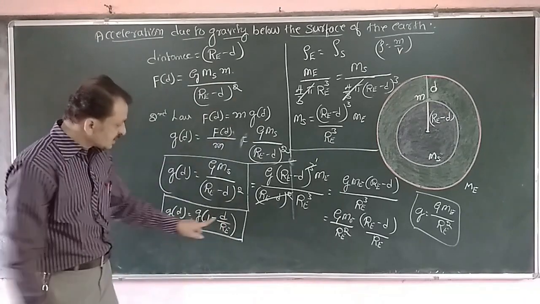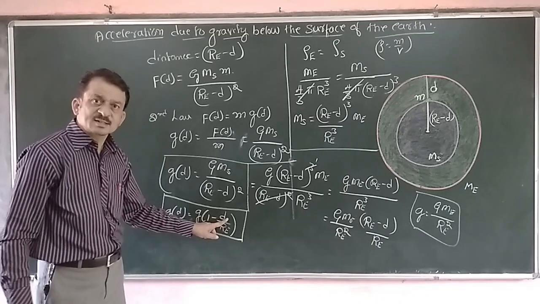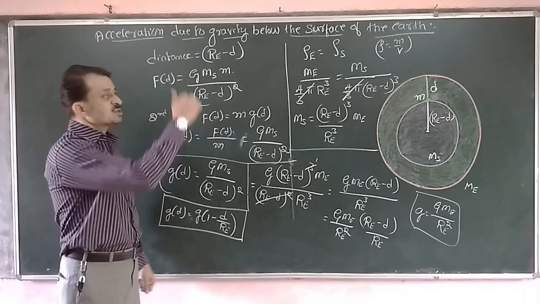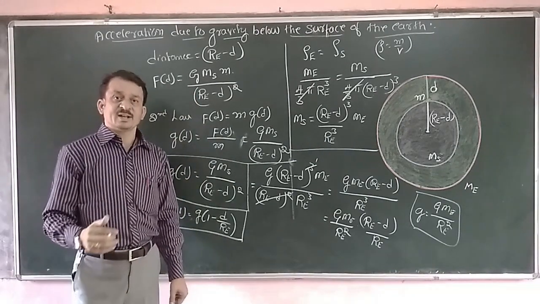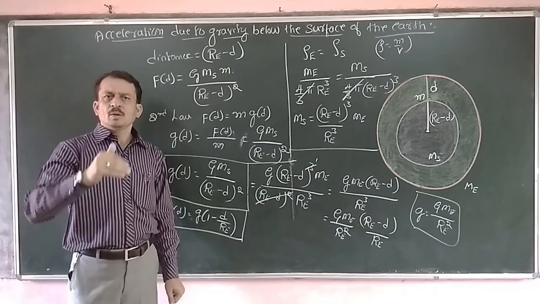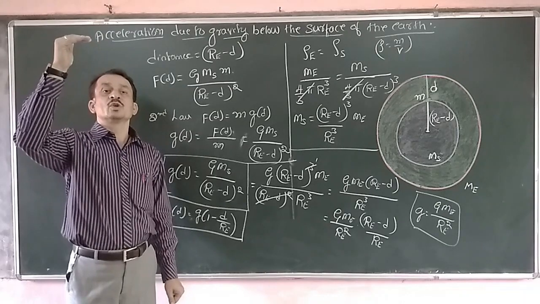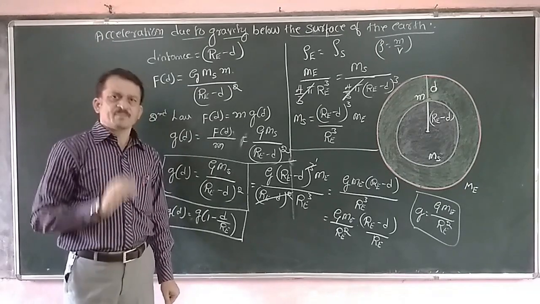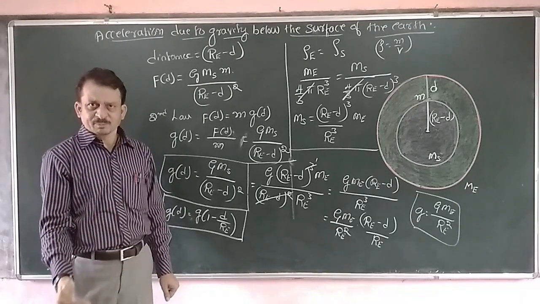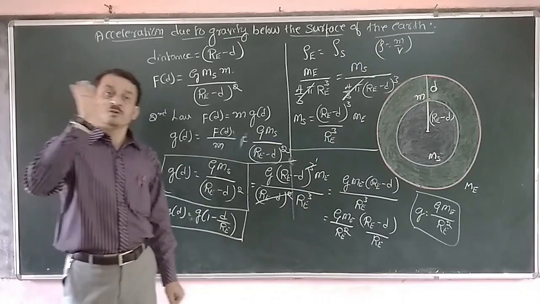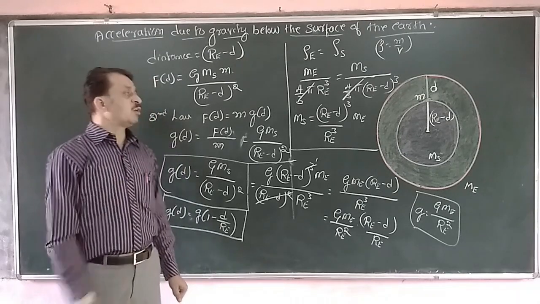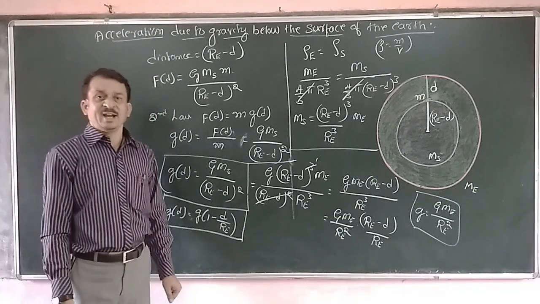Now as the depth goes on increasing, this term goes on increasing. Since it is 1 minus, this term decreases. Therefore acceleration due to gravity goes on decreasing. So as we go above the surface of the earth, the acceleration due to gravity decreases. Similarly, as we go below the surface of the earth, going deeper into depth, the acceleration due to gravity decreases. So at which point is the acceleration due to gravity maximum?